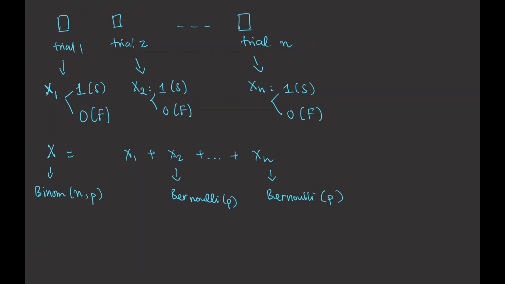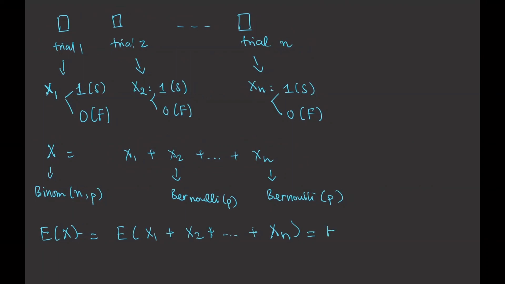And we are interested in finding the expected value of x. So instead of x, I will just write down this expression because it is equal to x. And here we apply linearity of expectation.